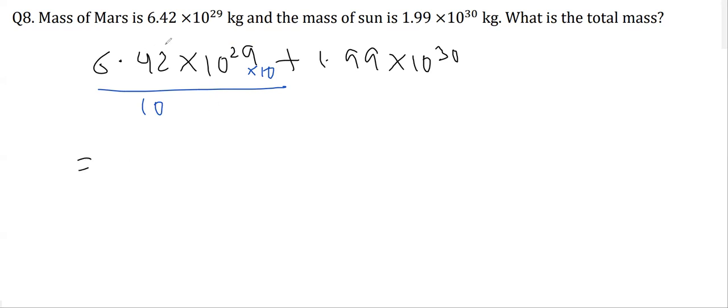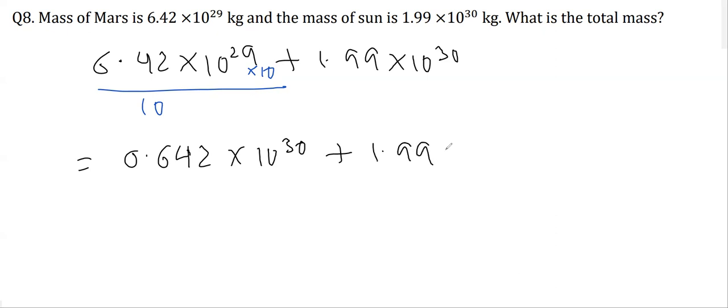Now 6.42 divided by 10 will give you 0.642. We did so to make it 10 raised to the power 30, as 10 raised to the power 29 multiplied by 10 is 10 raised to the power 30. Plus this is 1.99. I can write an extra 0 to make an equivalent decimal place, multiplied by 10 raised to the power 30.